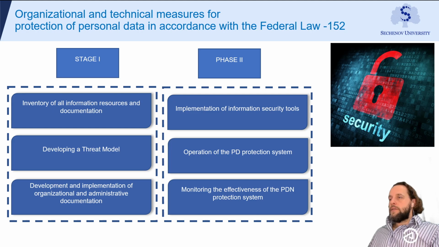How could this special data be protected? There are several stages in this process. We need to have an inventory of all resources in our environment. We need to develop a threat model. We need to identify all organizational and administrative documents which are in place.